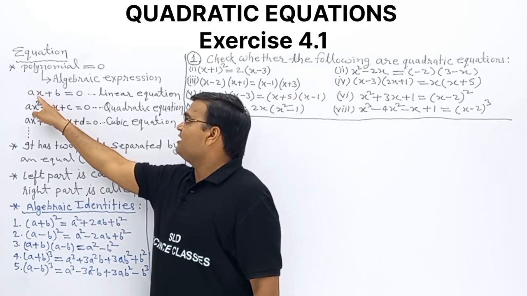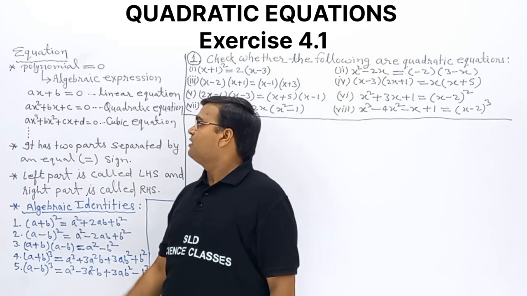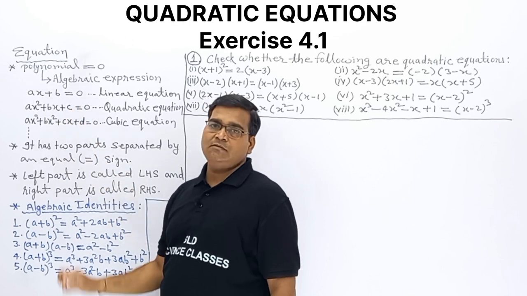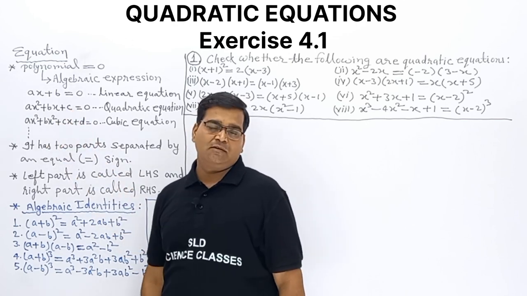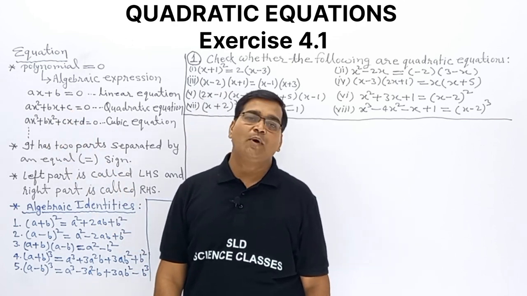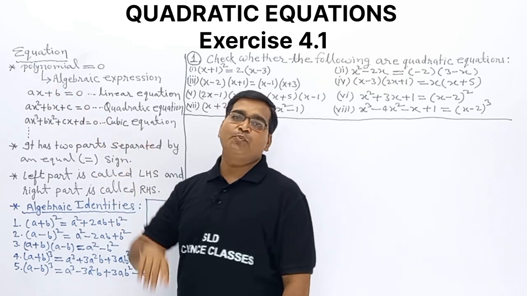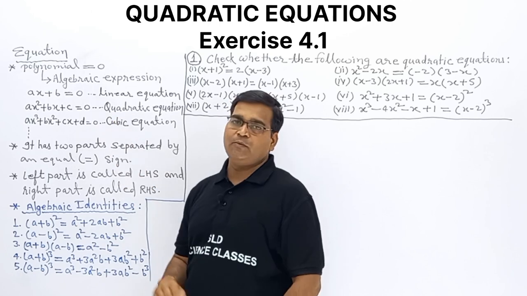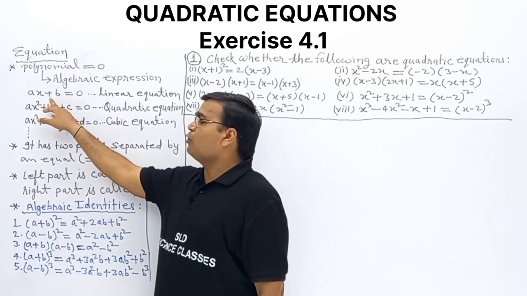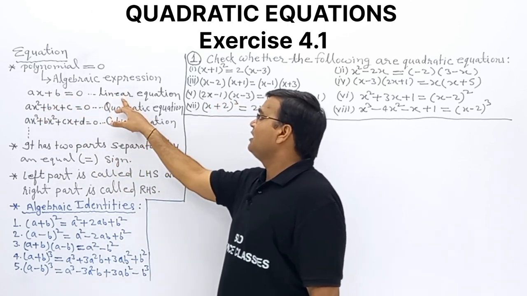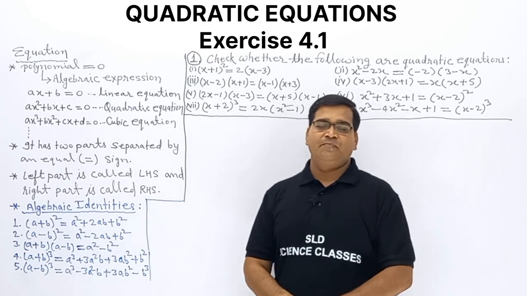Like this, we already studied the various types of polynomials. First one is the linear polynomial, quadratic polynomial, cubic polynomial. We also studied biquadratic polynomial. Once we put these polynomials equal to 0, then a linear polynomial is converted into a linear equation.